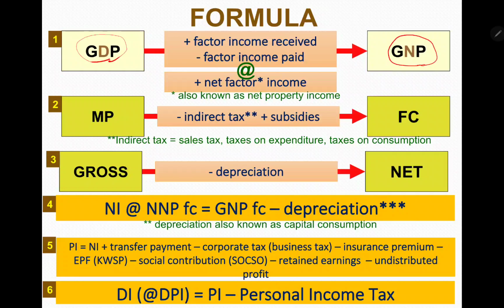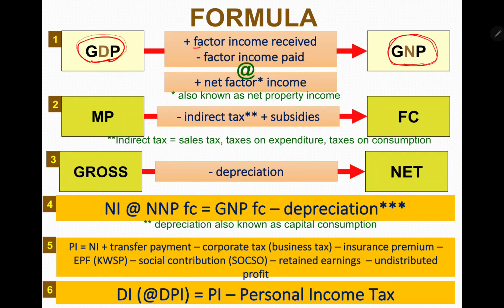GDP means whatever is produced inside the country, the value of goods produced inside the country, while GNP represents whatever is produced by the nation's citizens, either inside or outside the country. So if you want to shift from gross domestic product, how can you calculate your gross national product?